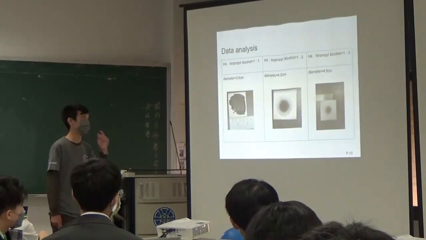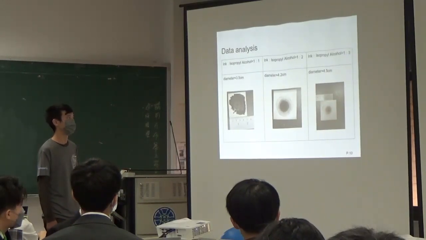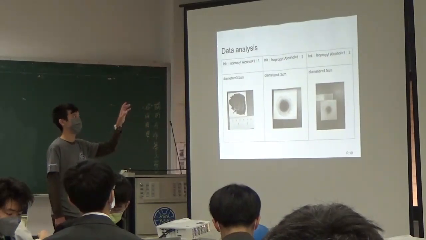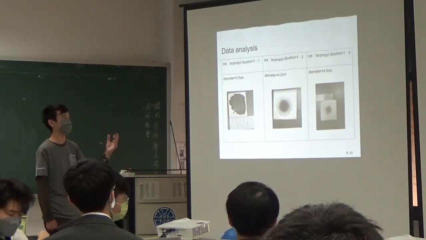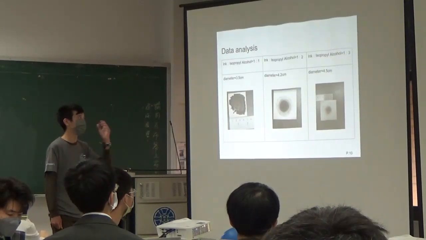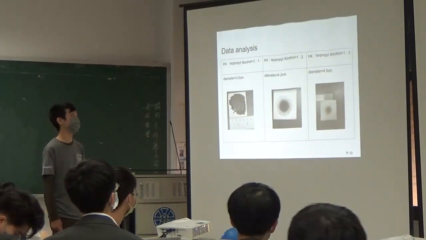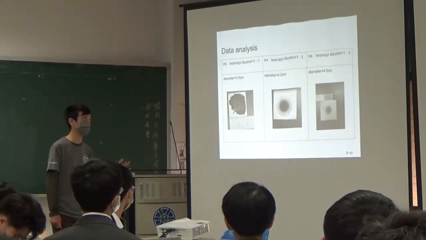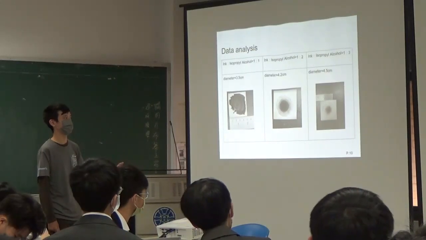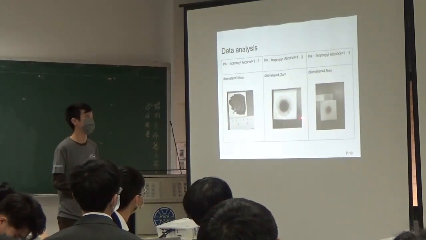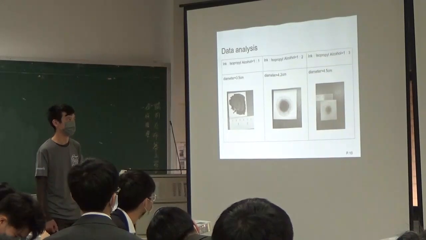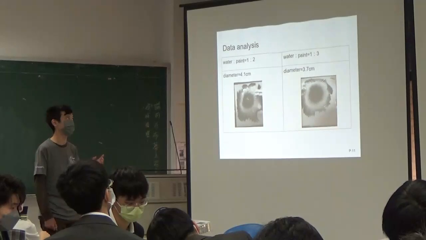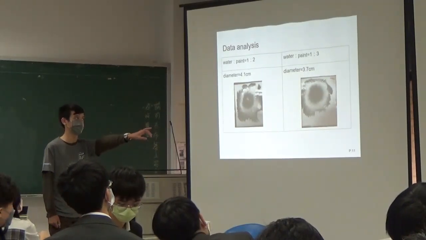Okay, so this is the data analysis. We use rulers to measure the circles, and we found that the more isopropyl alcohol we added, the larger the circle will be, and the diameter will be longer. And the more isopropyl alcohol we added, the less significant the fractal fingers will be. This is the different proportion of water and paint, 1 to 2 and 1 to 3.